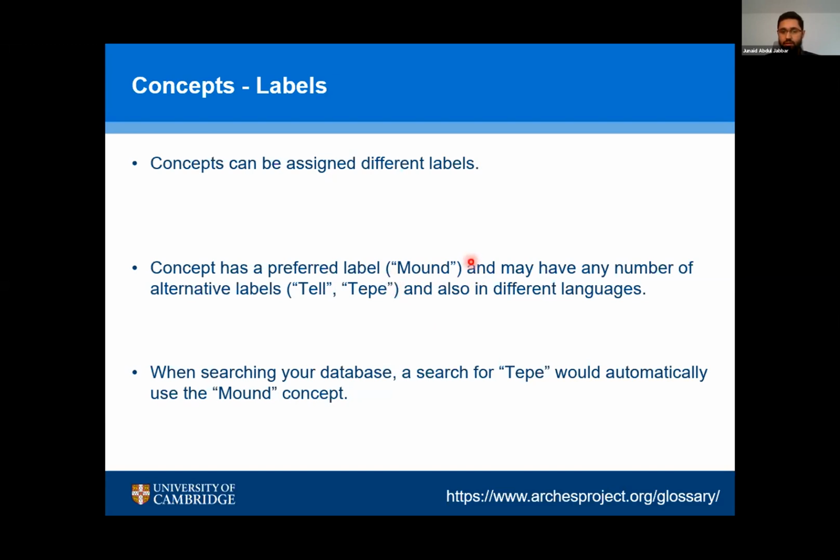So when a user searches the Arches database using its interface, they can enter either of these terms, like they can use mound, they can use tell, or they can use tepe, and all of these terms would automatically return the same results that are concerned with the mound concept. So this is a really powerful tool that allows us to cater for different terms associated with one concept, and also cater for these concepts in terms of different languages, in the context of internationalization.